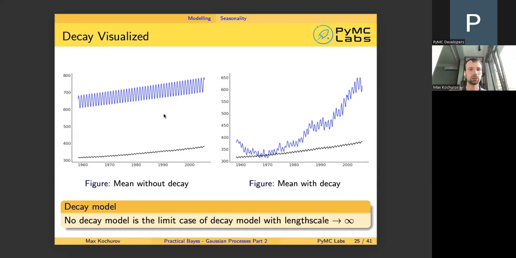And that's visible on the prior plot. If we instead make this length scale small enough, we still observe some periodic oscillations, but instead of being persistent, they change very quickly. So this is the whole idea of this multiplicative interaction between kernels.